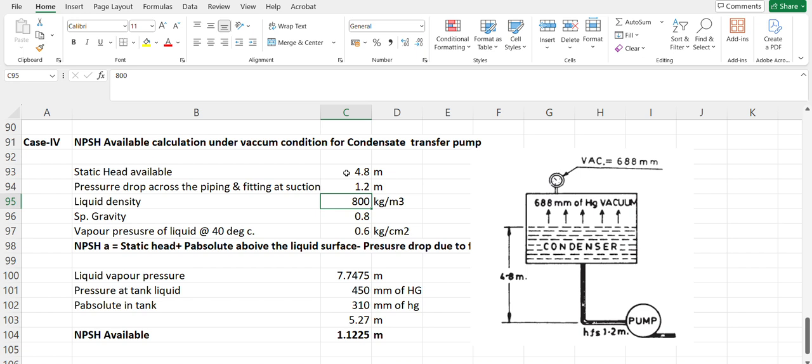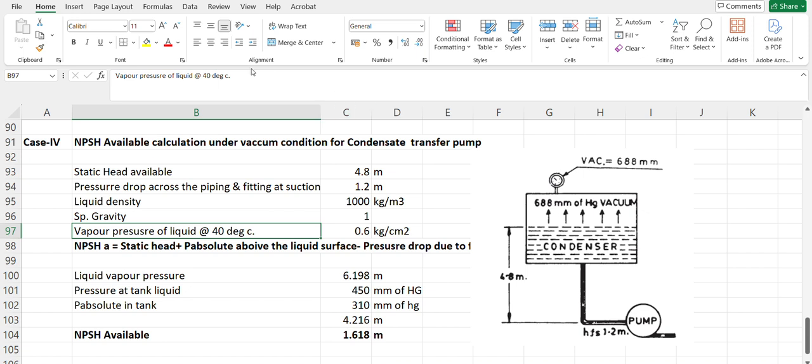Then density of the material is 1000 as it is water condensate, and as it's water condensate, that means we need to calculate the vapor pressure, and it's equal to P absolute.